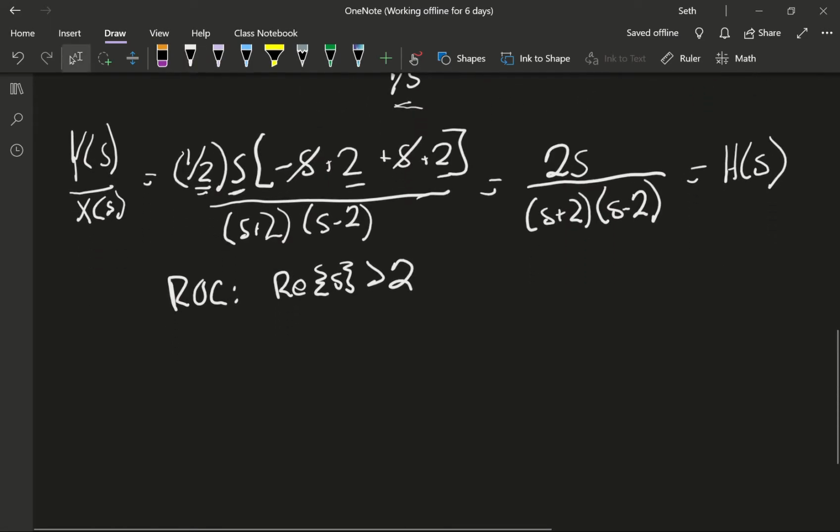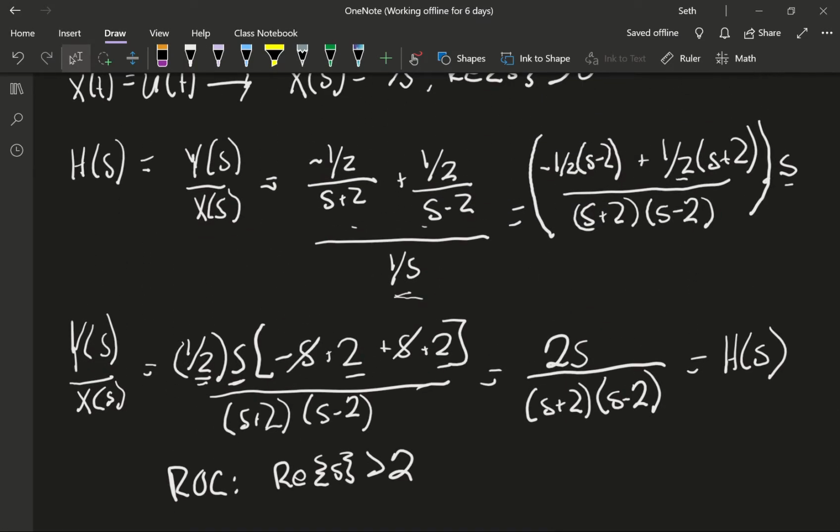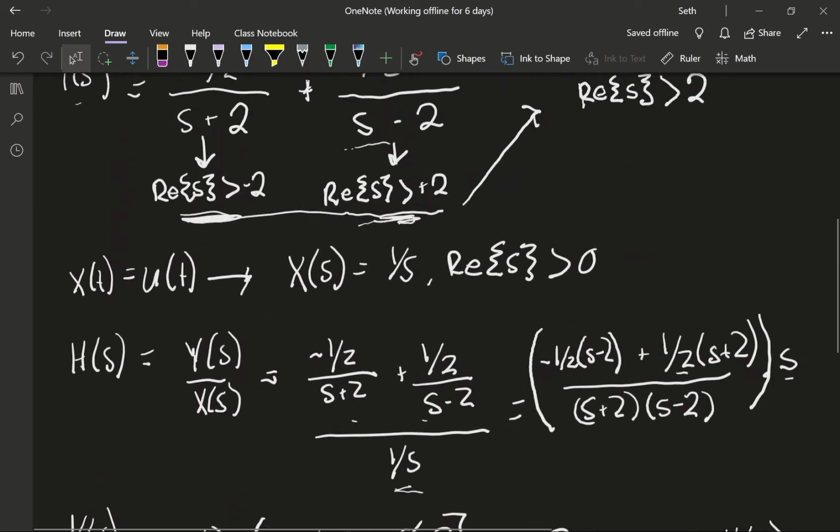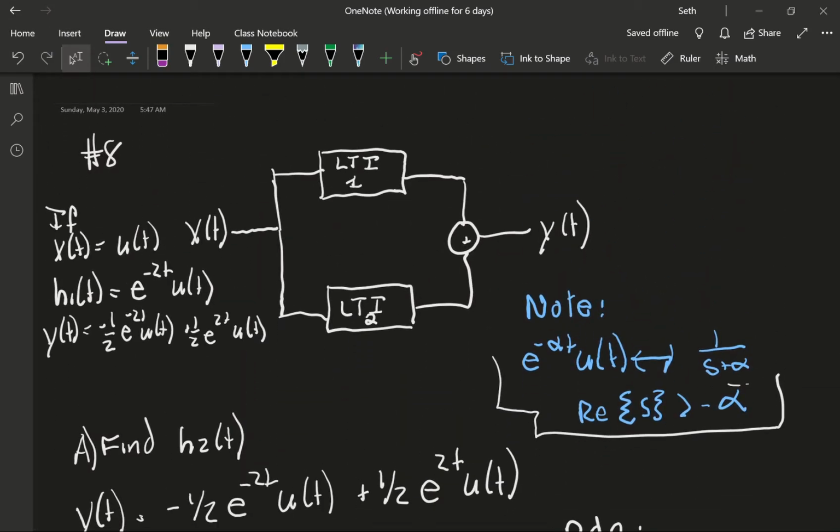Okay, so these systems are in parallel, so this would be h1 of s plus h2 of s equals h of s. So let's go back down.